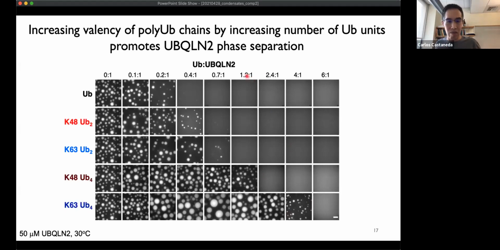These numbers you can see here at 1.2 to 1, we're pretty much done with K48s, but we can see K63 tetraubiquitin phase behavior with ubiquilin almost at 4 to 1, which, believe it or not, is 1 to 1 if you're thinking about ubiquilin to K63 tetraubiquitin concentrations, right? So that's a really drastic change in the phase behavior.